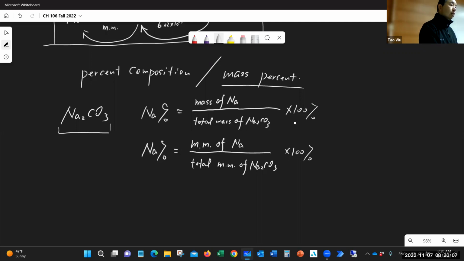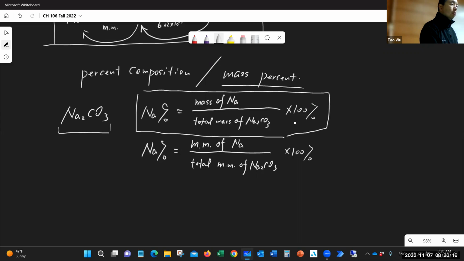But if you look at the equation over here, this equation also gives you a relationship between the mass of the sodium carbonate and the mass percent. So if we know how much sodium carbonate we have, and we know the sodium percent in this compound, how do we figure out the mass of sodium?